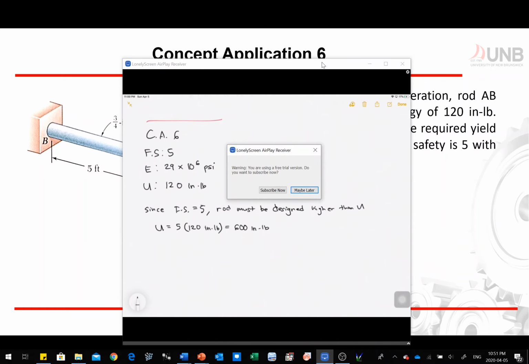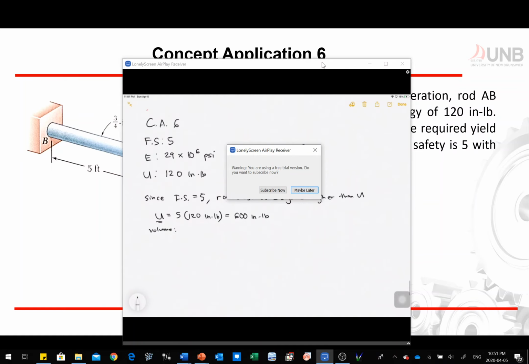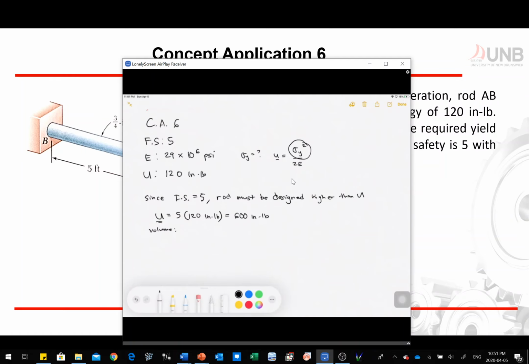Now we need to get the volume of our rod. Why do we need the volume? We know that our strain energy density, small u, is equal to sigma y squared divided by 2E. This is not for your strain energy, sorry for that.